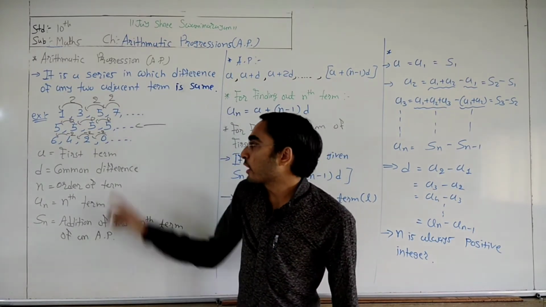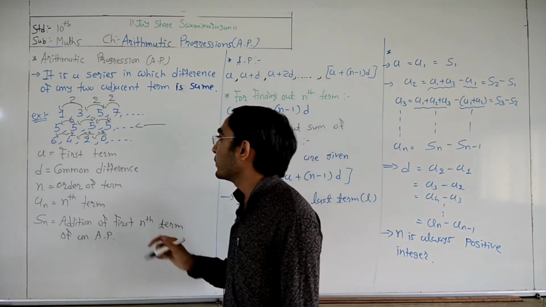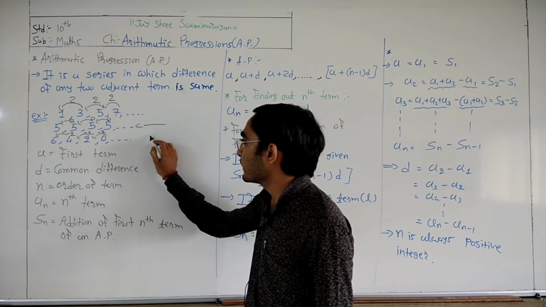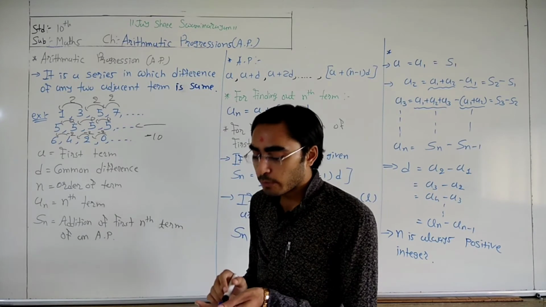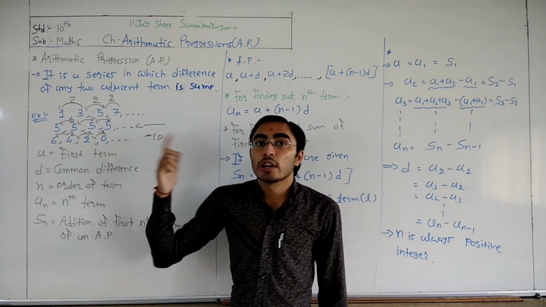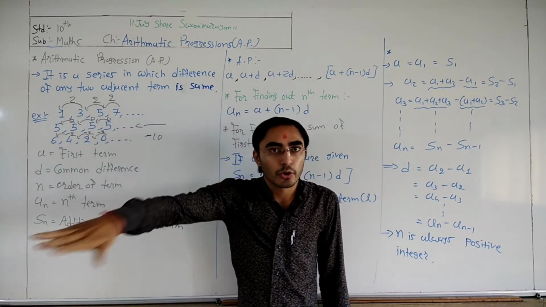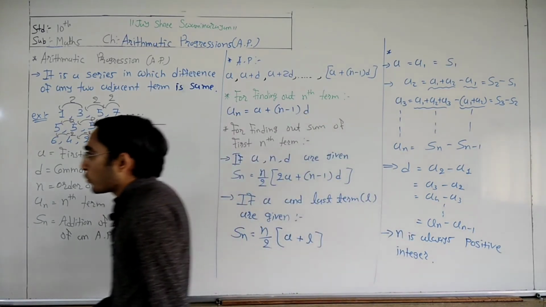Infinite series means it goes to infinity, and in a definite series we give the last term, for example equal to minus 10. In a definite series we can count the total number of terms. In an infinite series we cannot count the total number of terms.